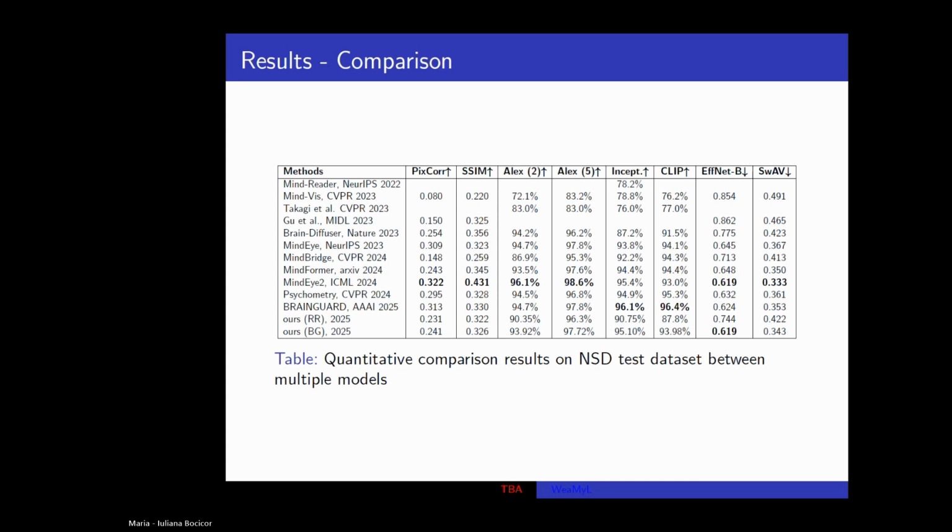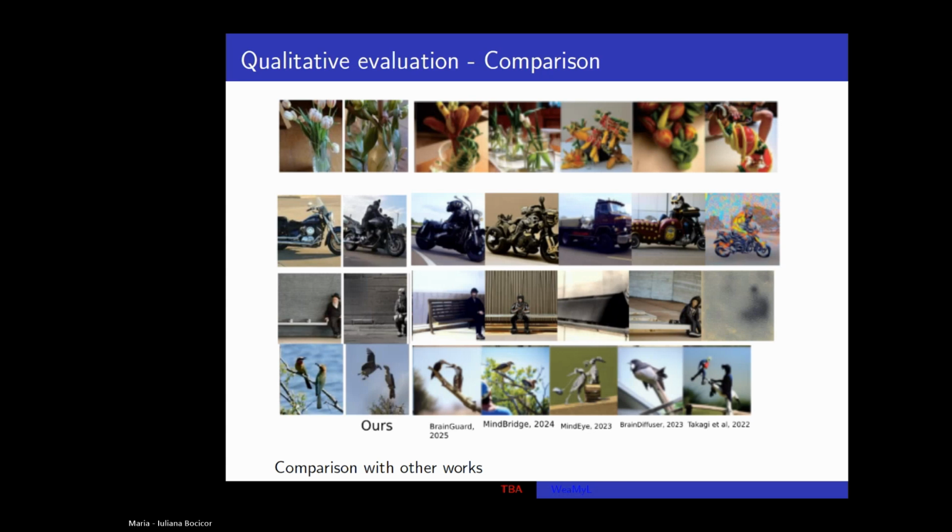Next slide, please. Okay, and here are some images. So we have a comparison with other works. We took these images from other published papers. In the first image, you can see that we have a vase of flowers, and some other papers got things that are really not that.